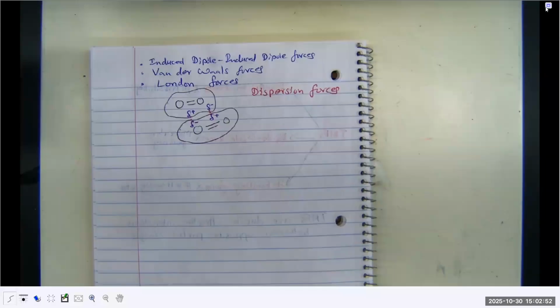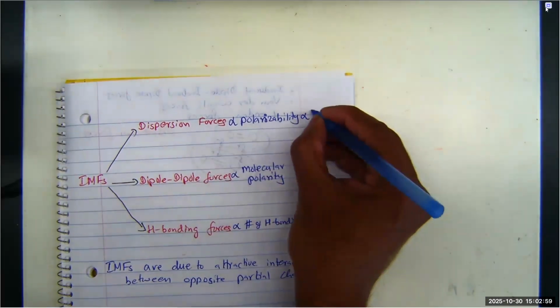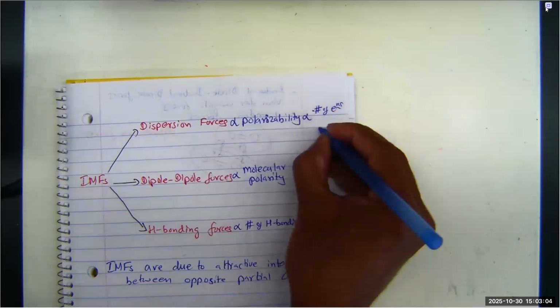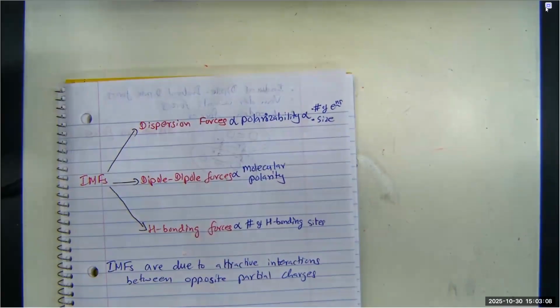Just to complete our notes, we can go back to our chart. Polarizability depends on the number of electrons and the size.